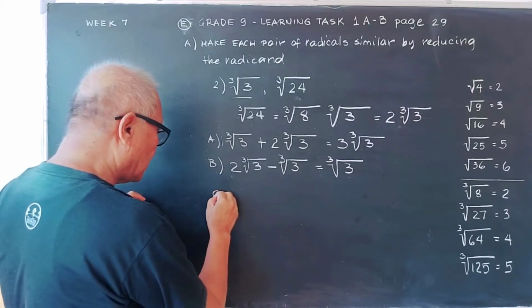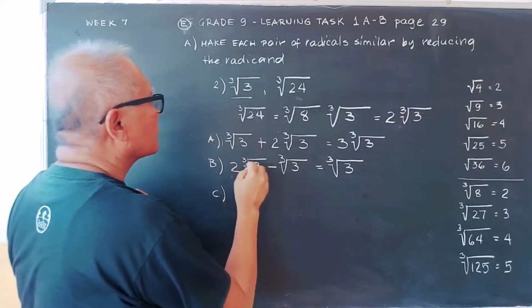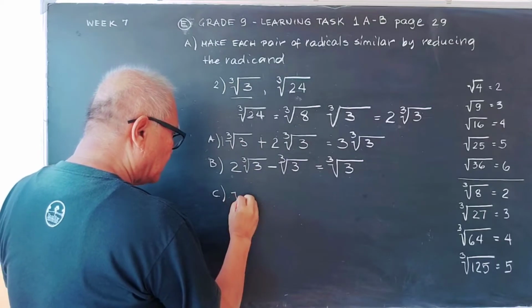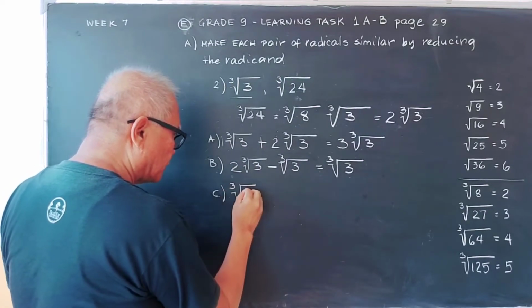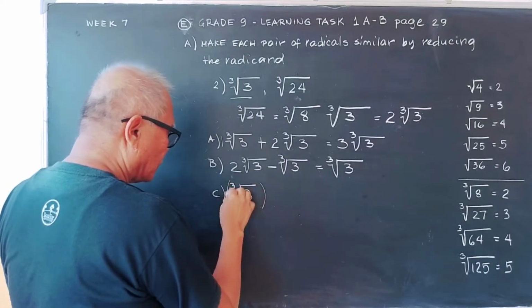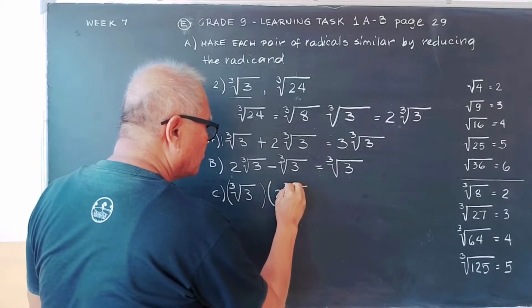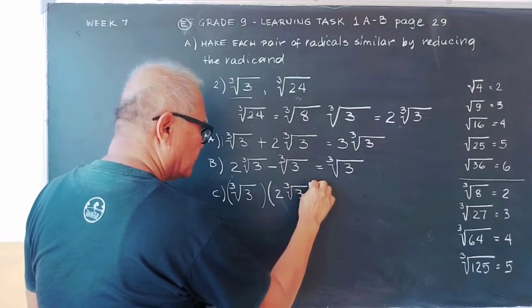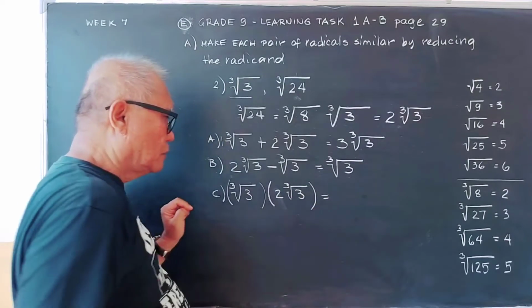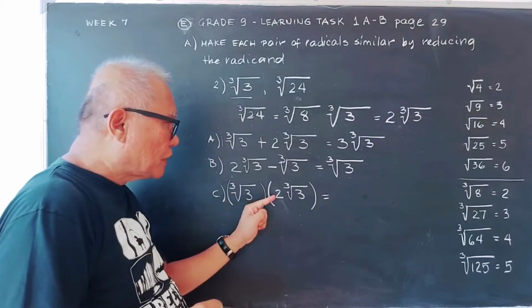Okay, letter C, multiplication. So, kahit anong unahin natin, pwede. O, cube root of 3 na muna. So, yung gamitin na parenthesis, okay lang. 2 cube root of 3. Huwag niyo mo multiply ito dun sa loob.